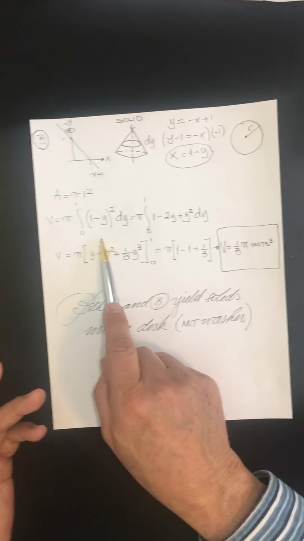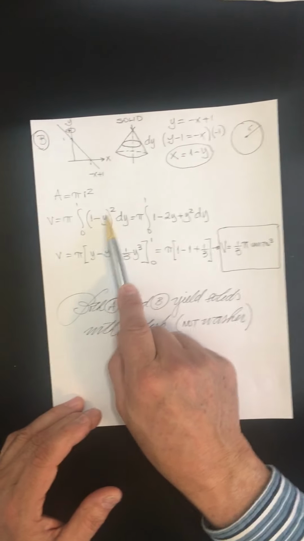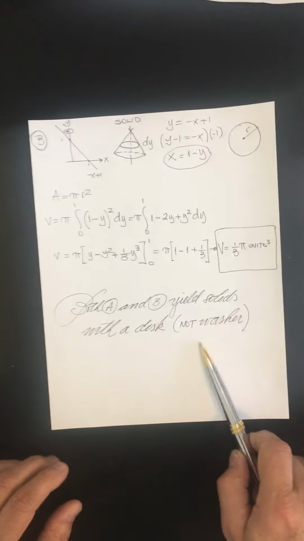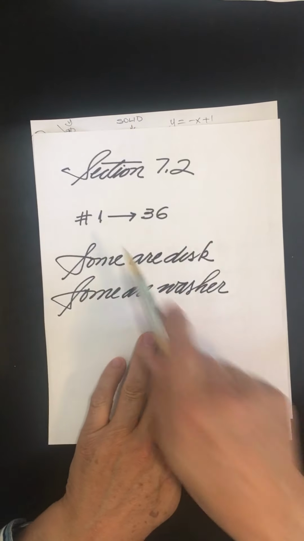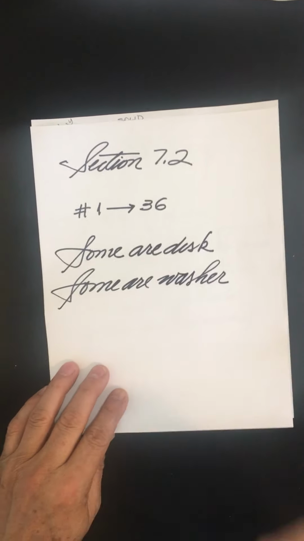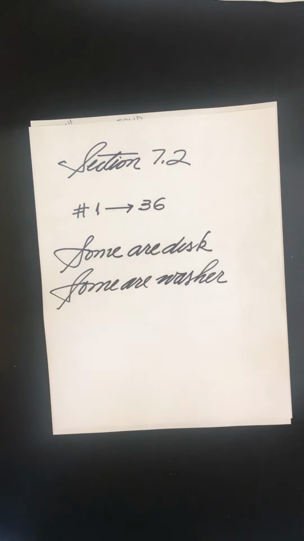And it's not always a binomial. There will be other algebraic things to be done here before you can integrate. I hope you take your time reviewing this, working on problems 1 to 36, and prepare yourself for homework, quizzes, and exams. And have a good day.